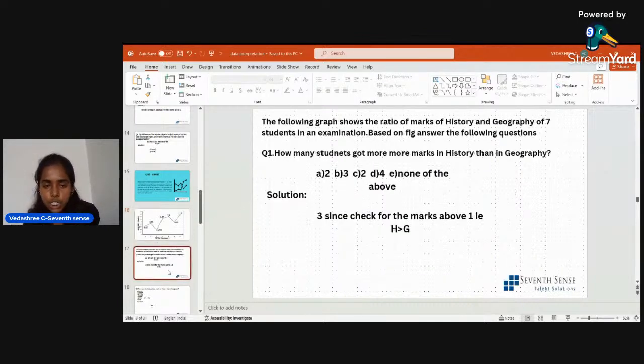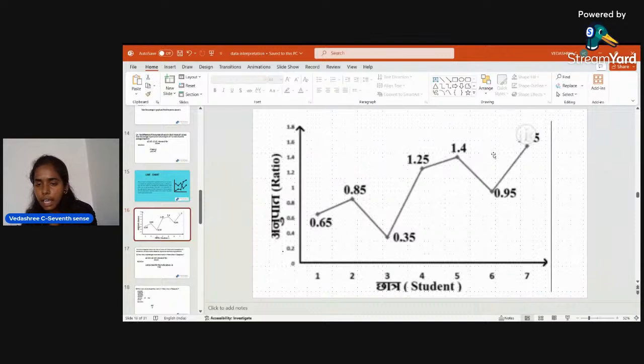The graph shows the ratio of marks of history and geography of 7 students in an examination. Here this will indicate geography and this will indicate history.